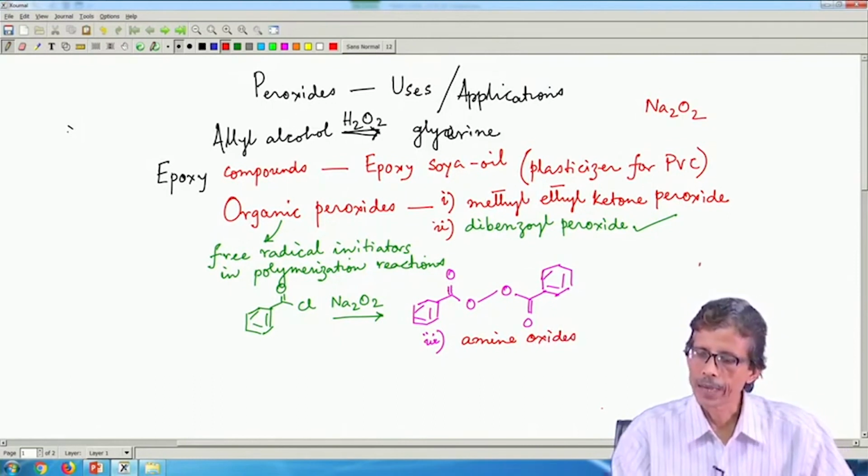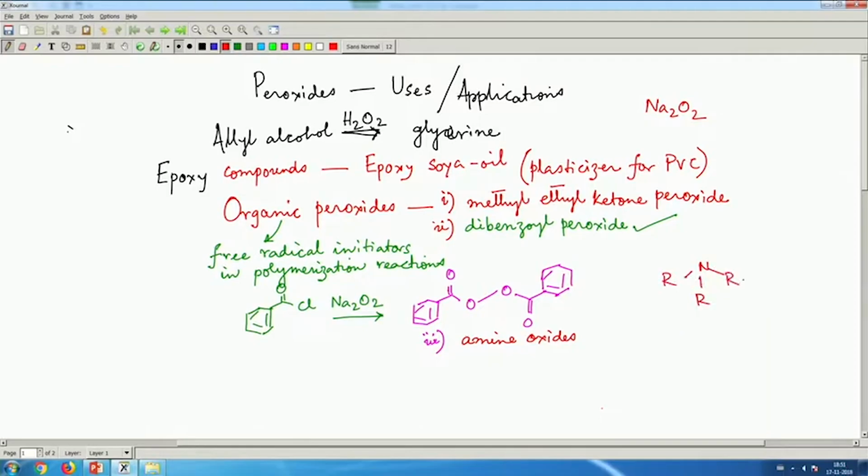If we have an amine function like NR3, where R is methyl or ethyl, we have trimethylamine or triethylamine, and if we get this as the oxide, it can sometimes be very useful material. The production of these amine oxides also depends on the availability of peroxo compounds on a large scale.